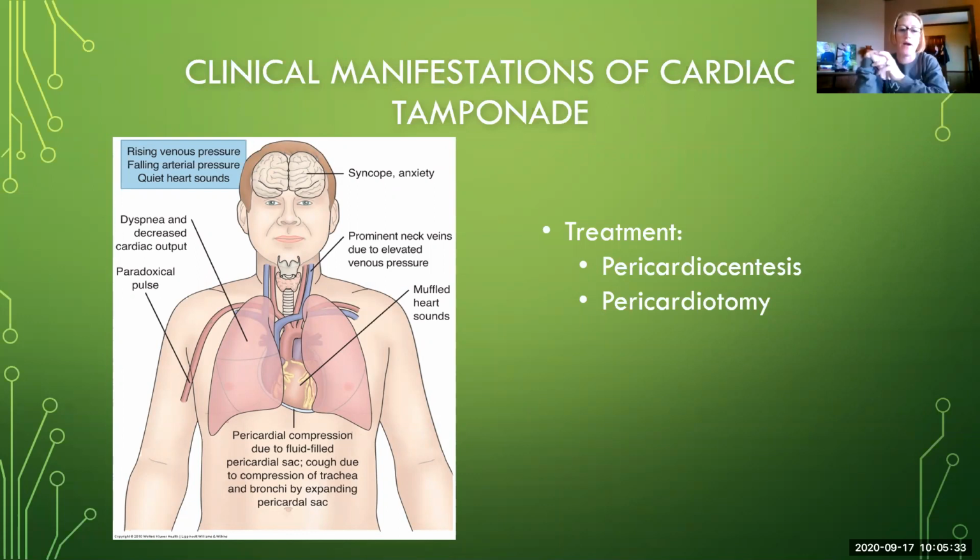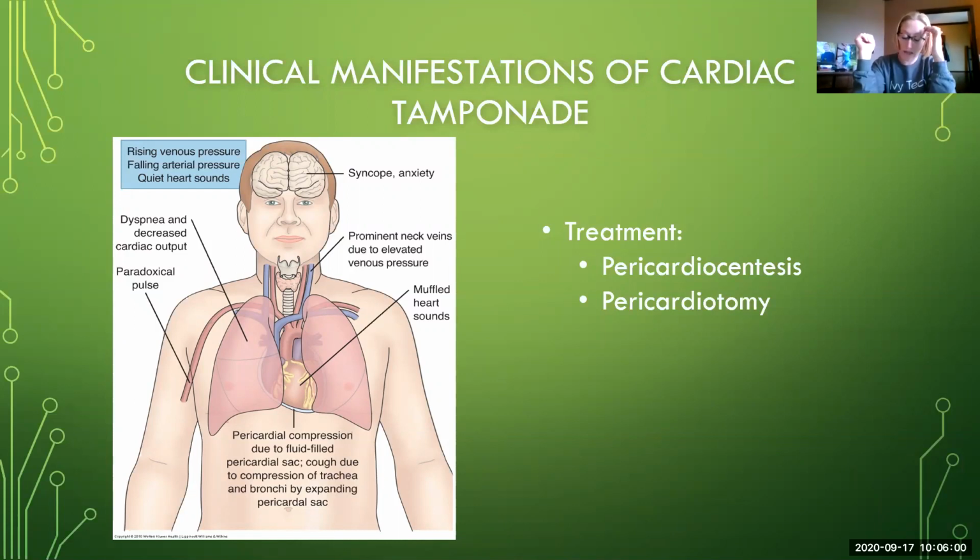And then they'll have a paradoxical pulse. A paradoxical pulse is when you have an elevation in your blood pressure on expiration. So you would need an arterial line in order to judge that, because it's going to be too difficult to do a manual pressure right on expiration, because we know how short expiration is and how long it sometimes takes for those blood pressure cuffs to give a reading.